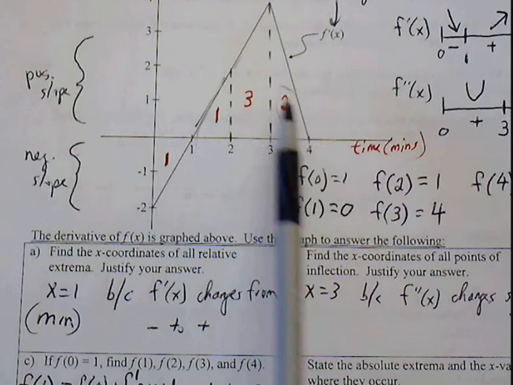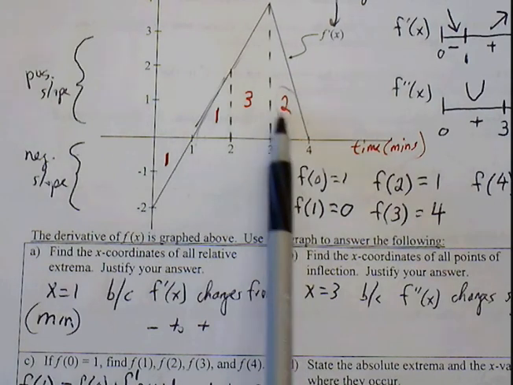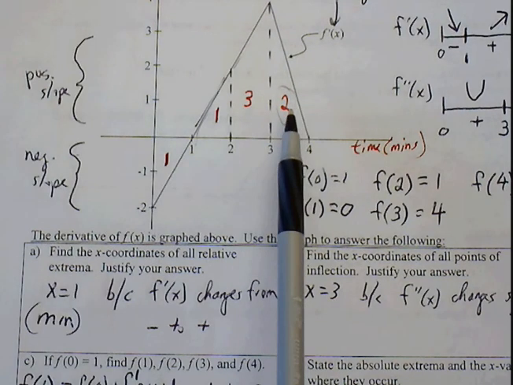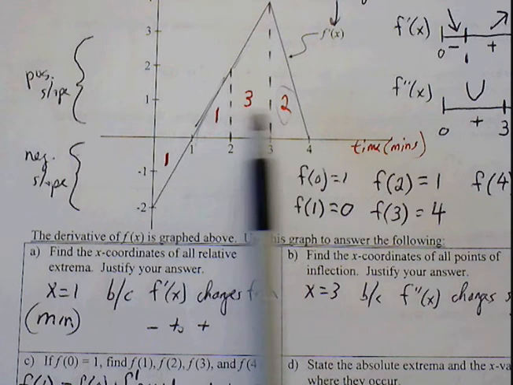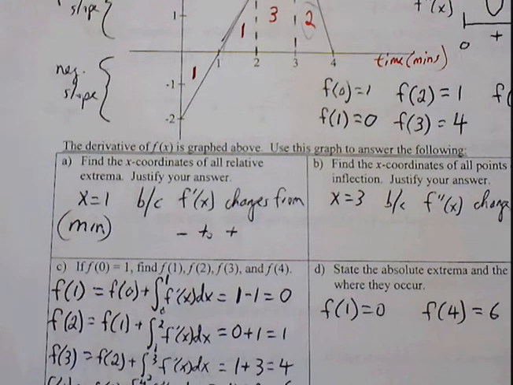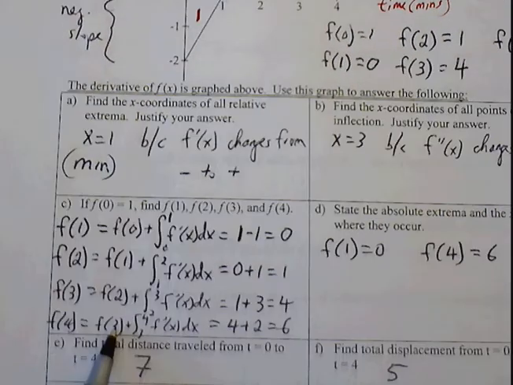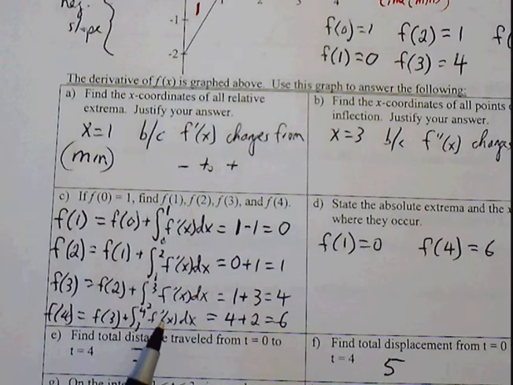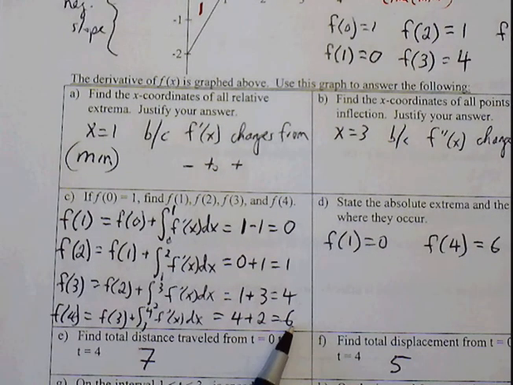We see that the area is only 2, so he's only covering 2 miles instead of 3 from the previous because he's slowing down. So previously he's at mile marker 4, he covers 2 more miles, so now he's at mile marker 6.